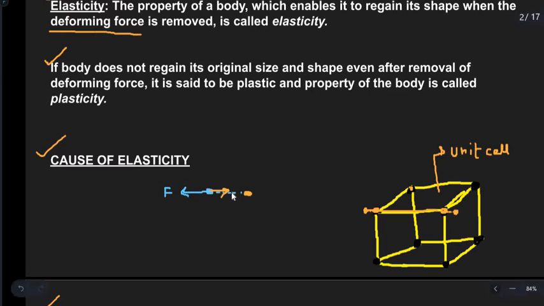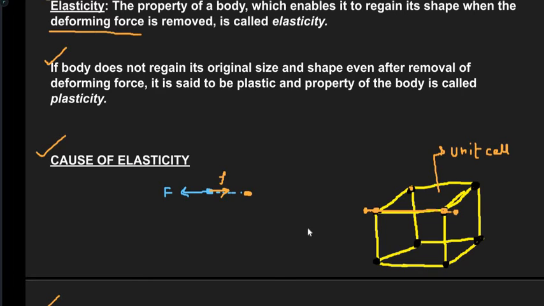There should be. So this force, let's say I have now put a small f here, this small f force which is countering this deforming force, and when this deforming force is removed, this small f force comes into play, and this force helps the body to regain its original shape back.